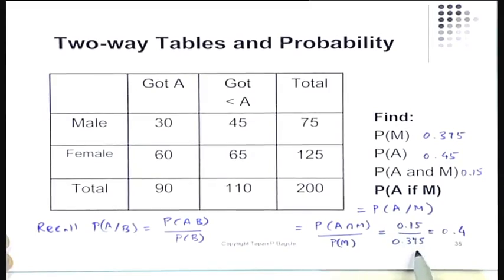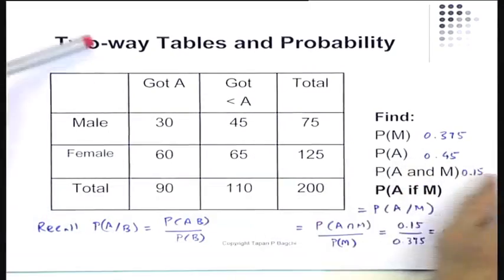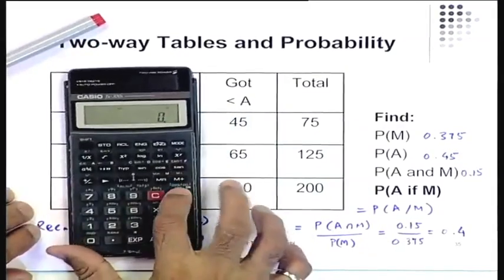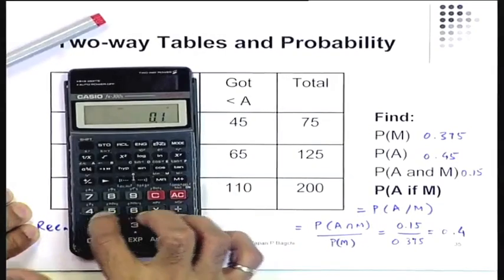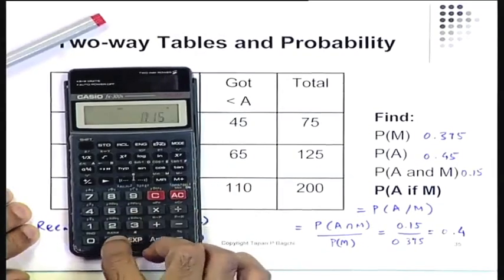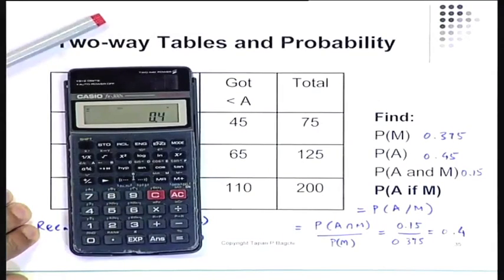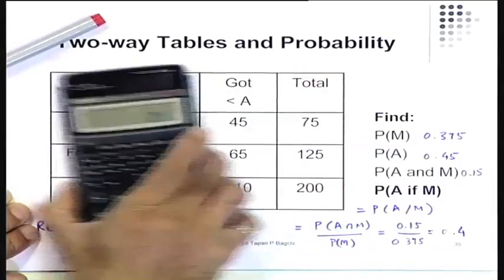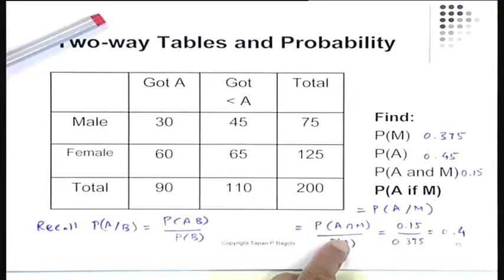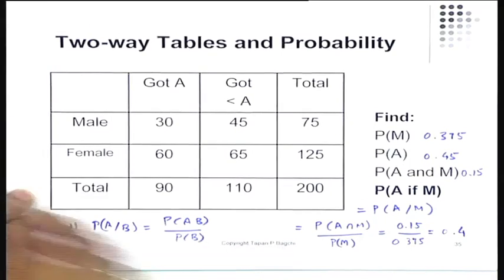So 0.15 divided by 0.375. This is a very complicated question. Let's try to work it out. 0.15 divided by 0.375 equals 0.4. So that's the answer right there. So I've solved this problem, and I've also solved a question that involved conditional probability.